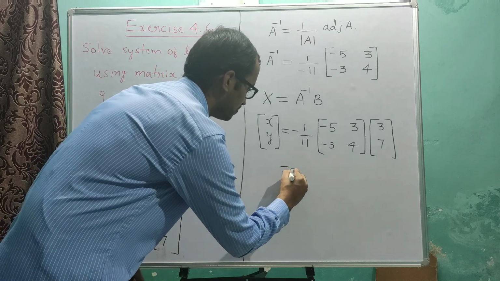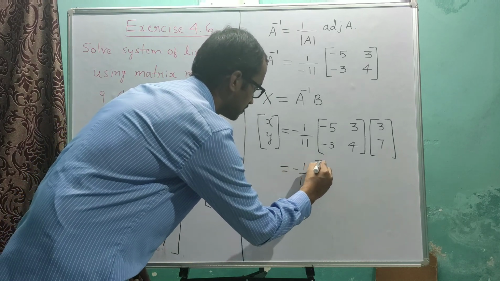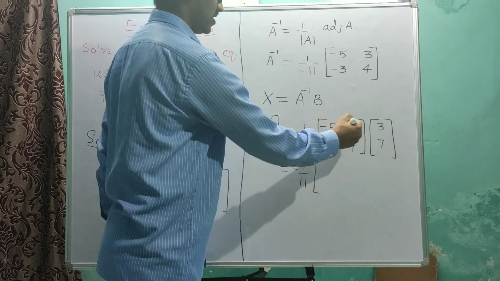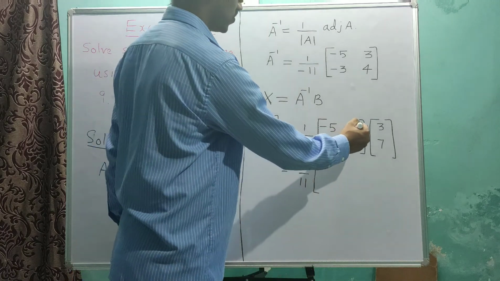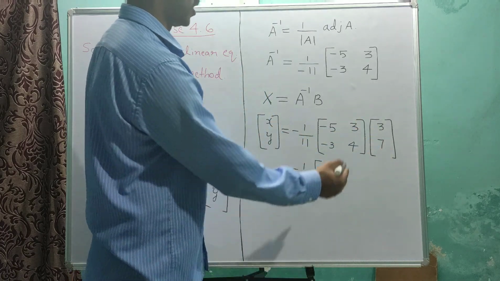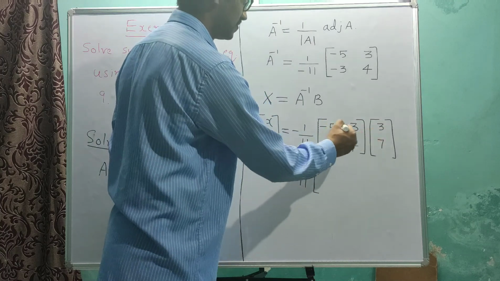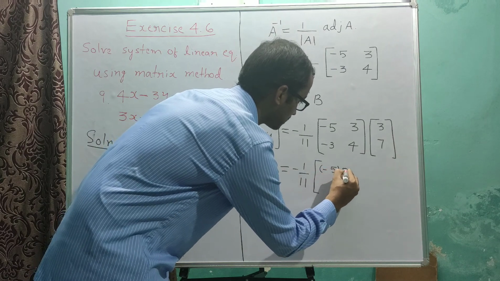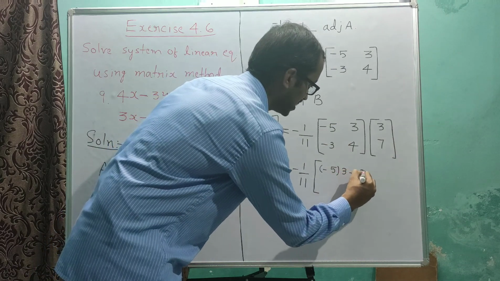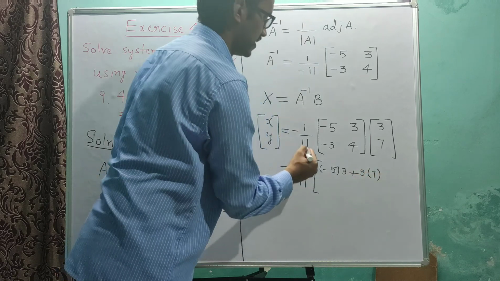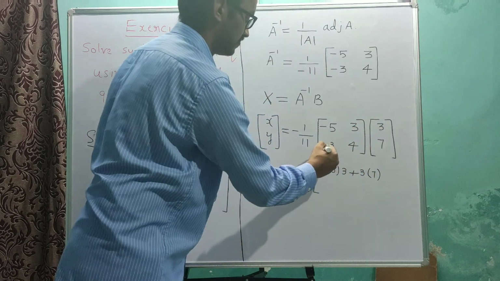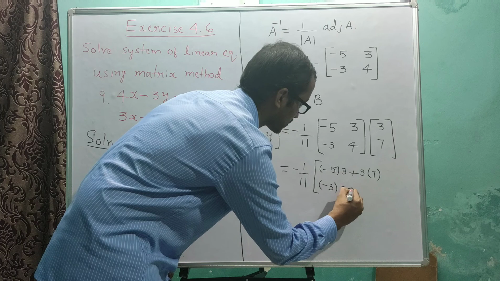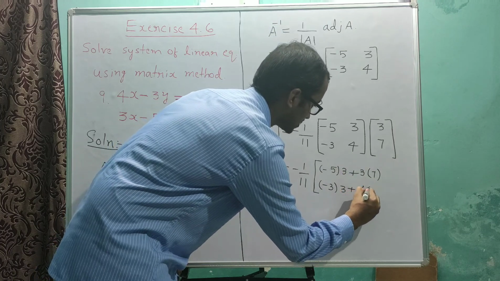So that is equal to minus 1 by 11. If you multiply these two matrices, the first row with the first column, we get minus 5 into 3 plus 3 into 7. Again the second row with the first column, so minus 3 into 3 plus 4 into 7.